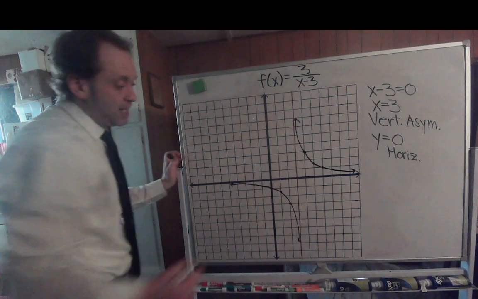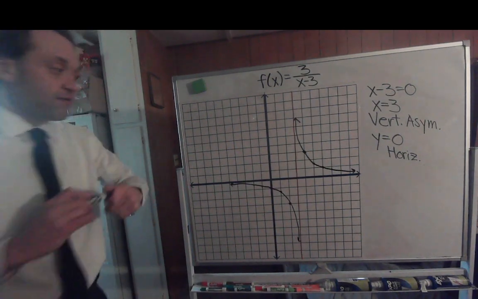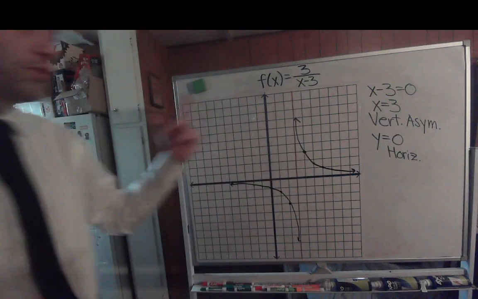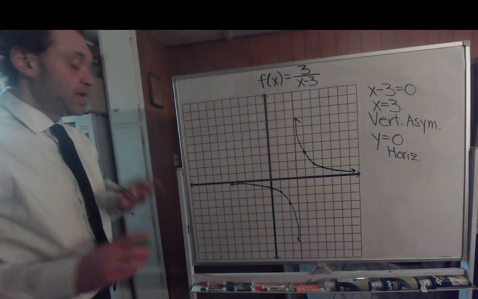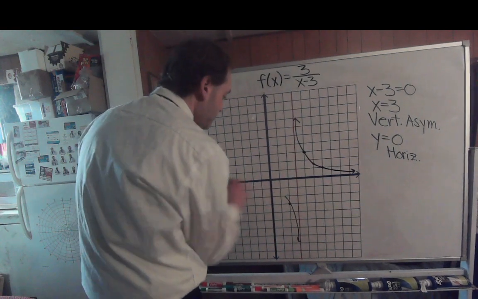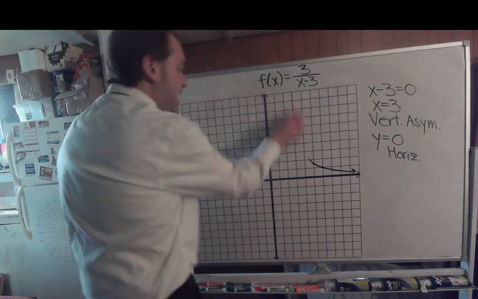You see it still can't quite reach the asymptotes, but everything has shifted to the right 3 units. Alright, now, I think that much is pretty easy. But let's throw in another curveball here.